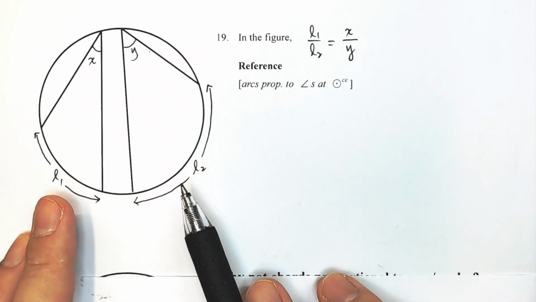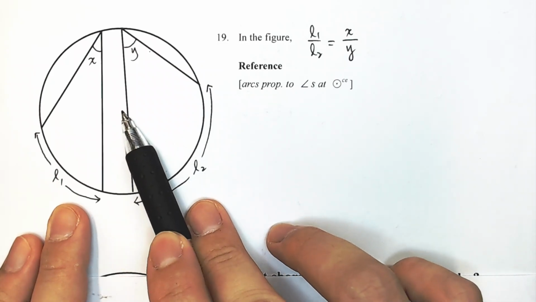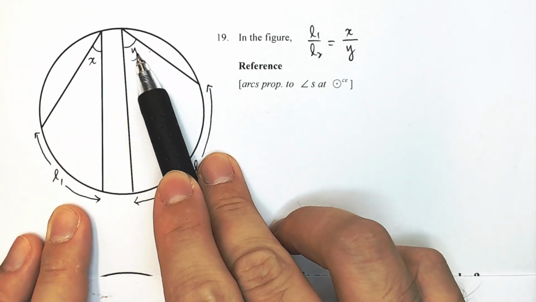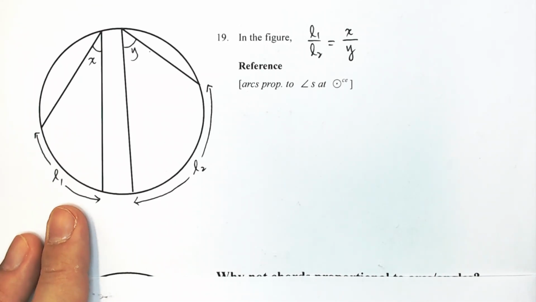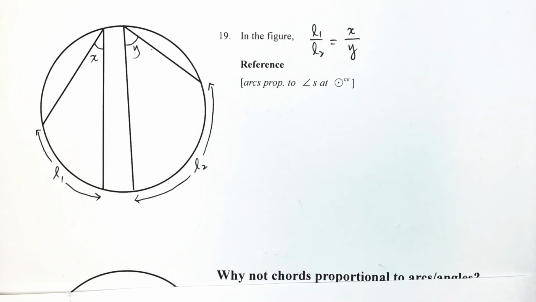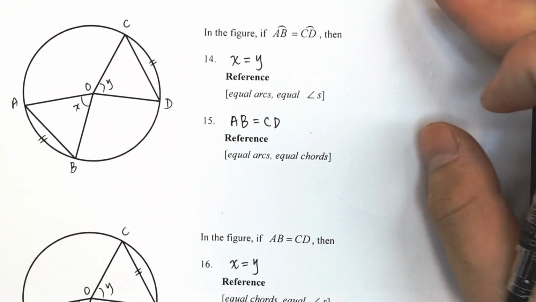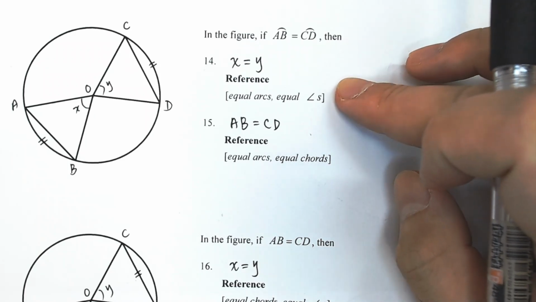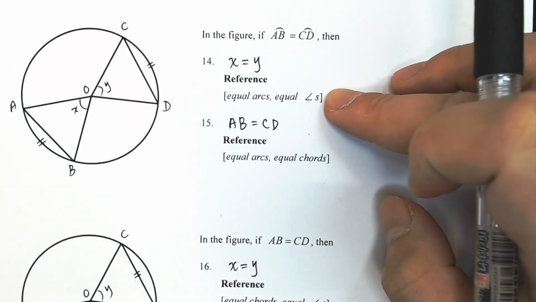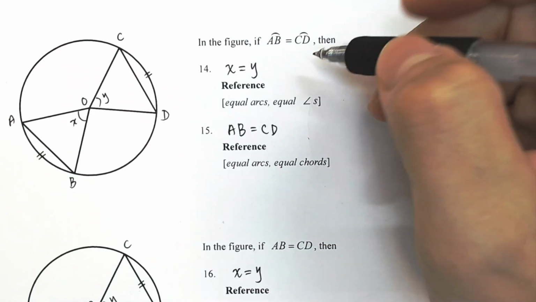And if we have equal chords, they have equal angles at center, and they should have equal angle at the circumference, right? And so you can add these two references to this page. That means if you have equal arcs, you have equal angles at center, and also you should have the equal angle at the circumference.